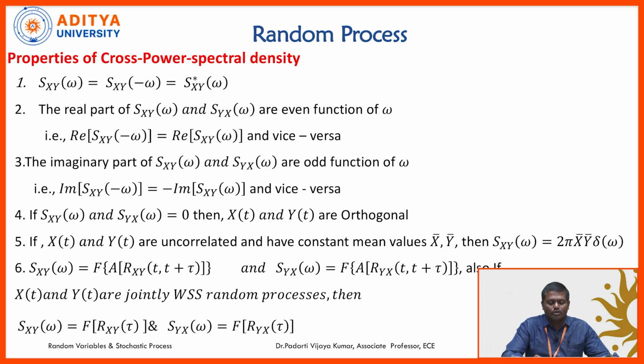And the properties of cross power spectral density: even function, odd function, when orthogonal it is equal to 0, and when they are uncorrelated with constant means it is equal to 2 pi X bar Y bar delta of omega. And the last property is very important, which is the Wiener-Khinchin relation, and it is also a definition of cross power spectral density which we will be using very frequently in solving the problems.